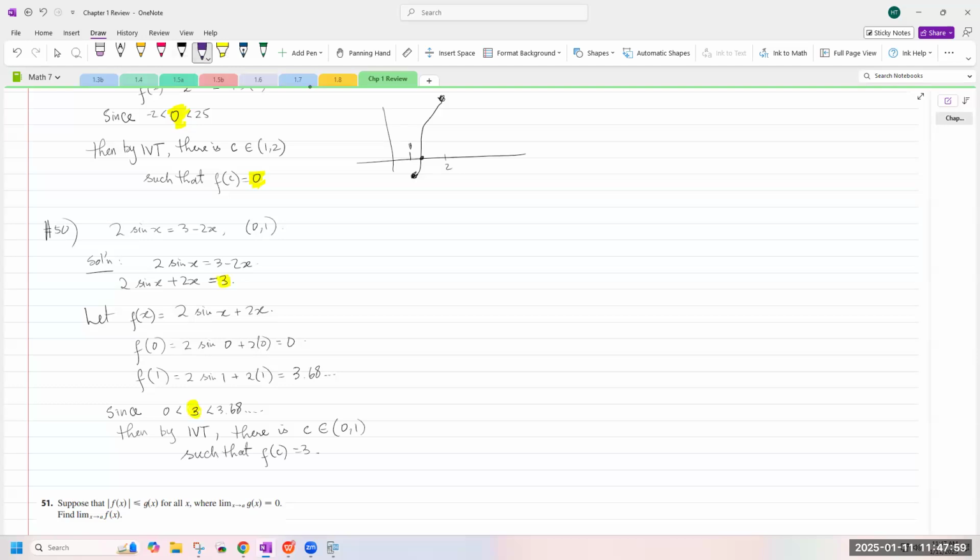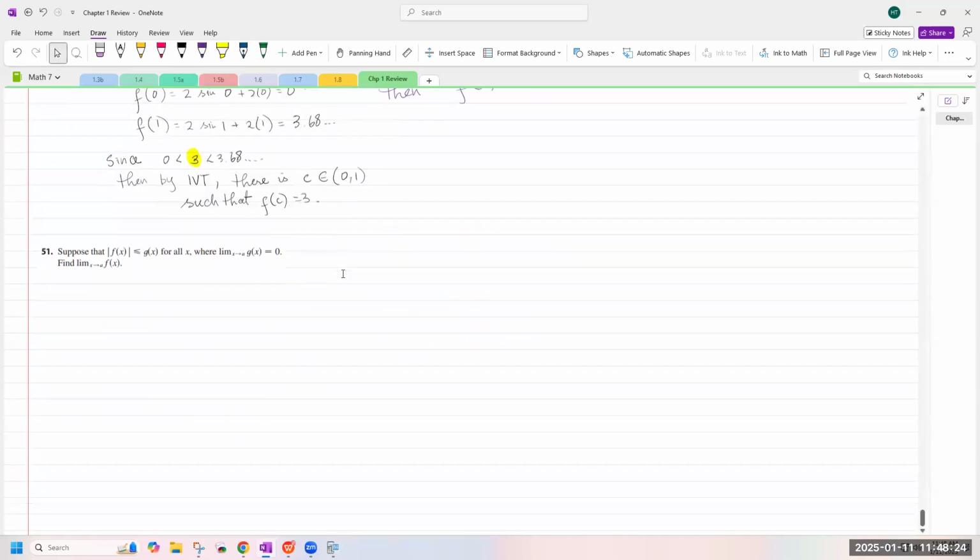Basically, because 3 is in between f(0) and f(1), there must be a c that gives us that value 3. Okay, that's for number 50. I will finish it in number 51.